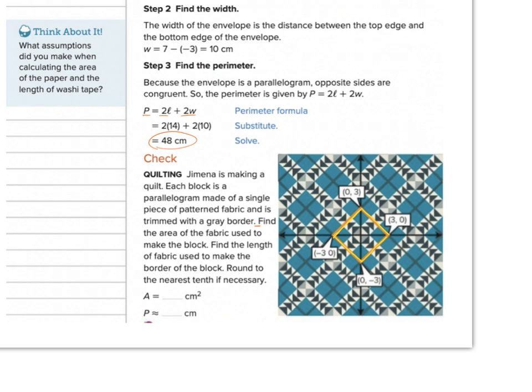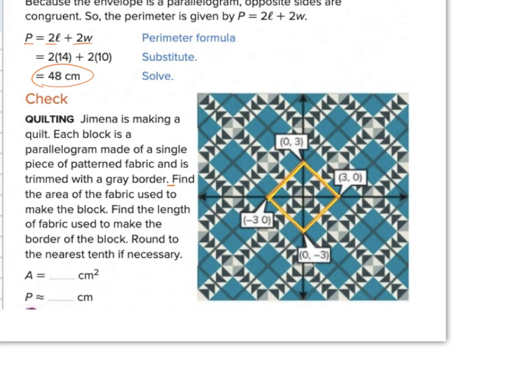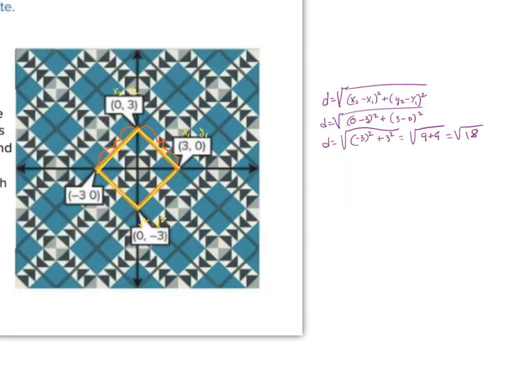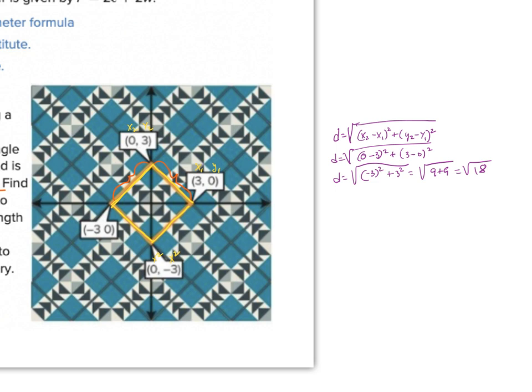So I have a feeling we could be using the distance formula to find out what this is and to find out what this is. So when we do the distance formula, we find out that the length of one side is going to be the square root of 18. You might be able to simplify that and call that 3 times the square root of 2, and we'll do some more of that later on in this unit, but simplifying radicals is one of your algebra skills that hopefully is not lacking.